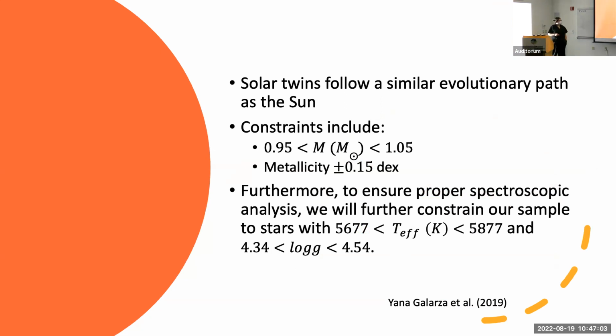So from this line list, in order to ensure proper results, we do have a little bit of further constraints, and that's going to be our effective temperature and our surface gravity. And that's just because we're using the most up-to-date definition for what a solar twin is.